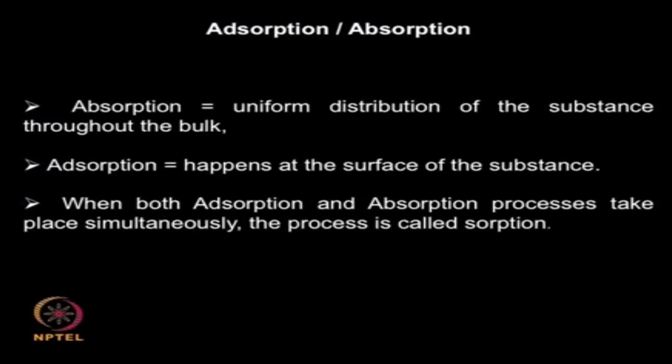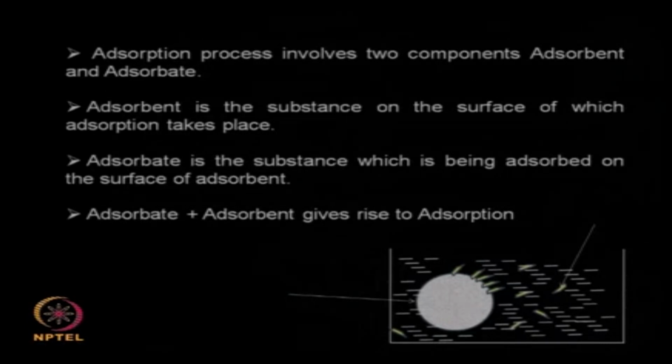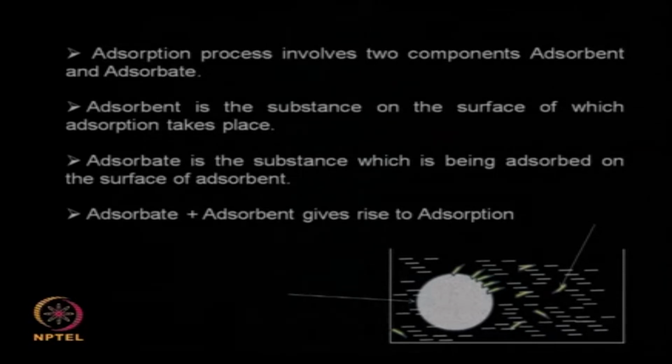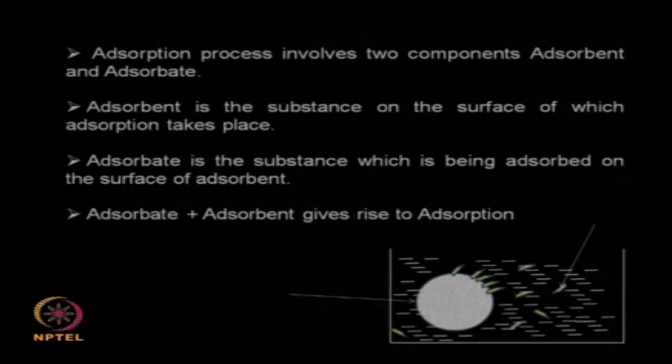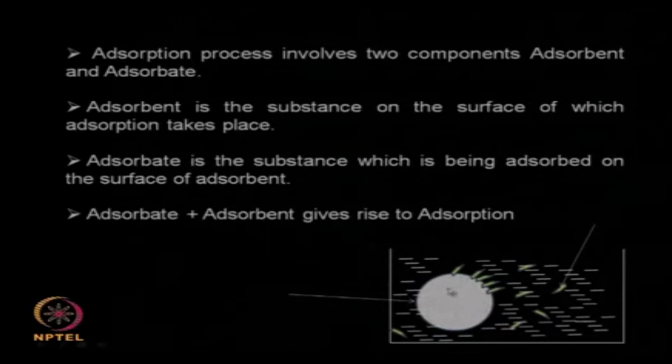But in some situations you may have a combination of both absorption and adsorption, and that is called sorption, S-O-R-P-T-I-O-N, as you can see here, sorption. So there are two components present in the adsorption process. One is the solute of interest or the species, and that is called the adsorbate. For example, if you look at this particular picture, this is the adsorbate which is getting adsorbed on an adsorbent.